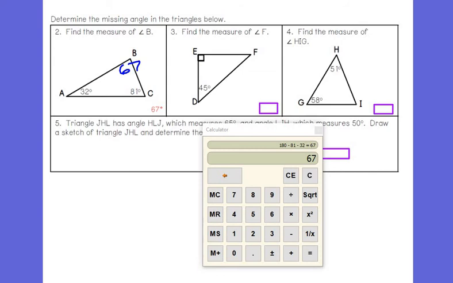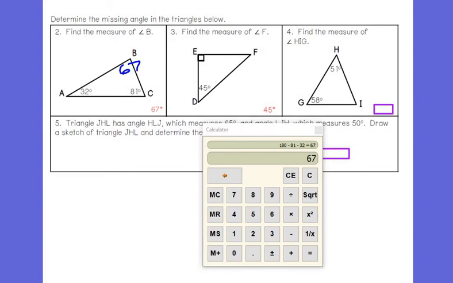Do we agree or disagree? Agree. How did we get that? We did 180 minus 90 minus 45, and we had what was left. Or you could just add 45 plus 45 plus 90, which makes 180.